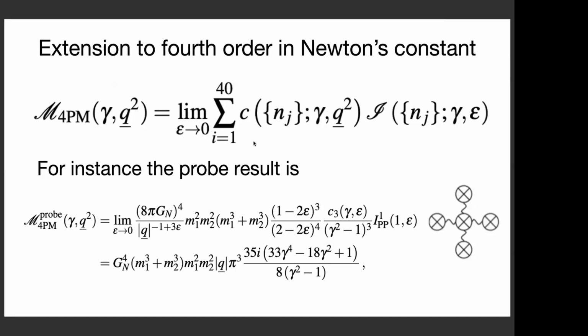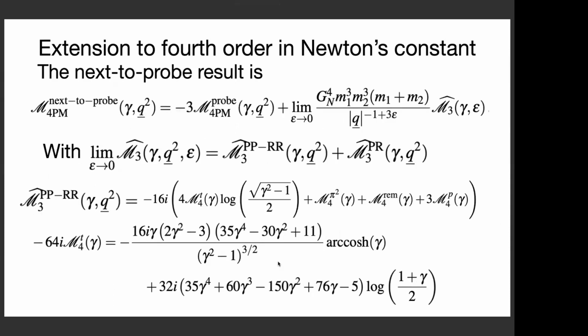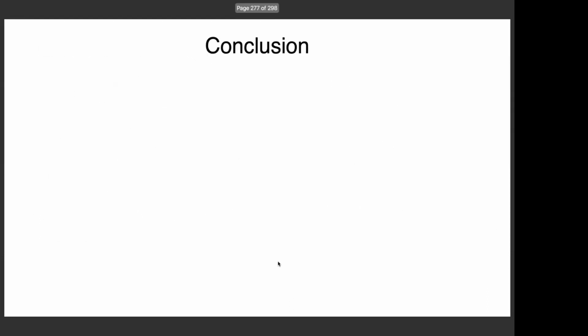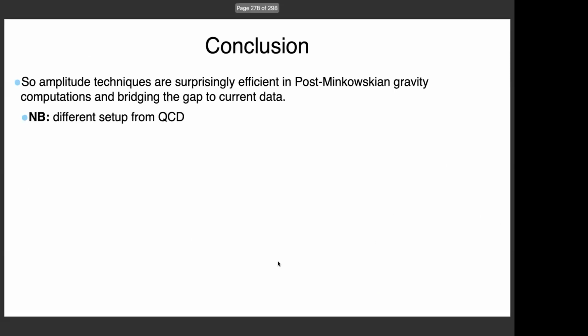In this case, there's about 40 integrals that can all be put into a formula with coefficients times integral functions that gives us the amplitude. And from the various topology tree-like structures, we can then work out coefficients for the various contributions and see how that matches with the results which are currently in the literature.